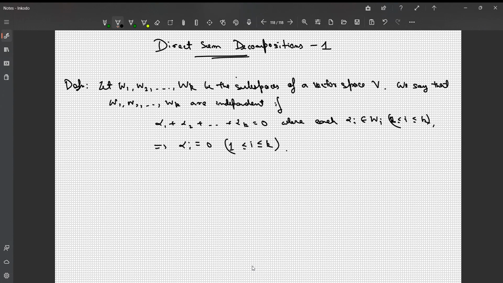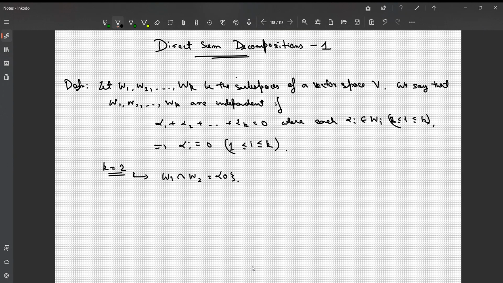One obvious observation from here: what happens if k equals 2? Then independence means that their intersection is only the 0 subspace. Nothing else.